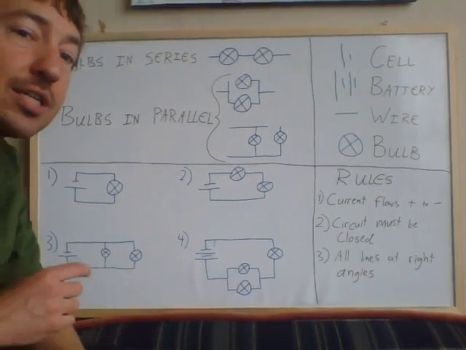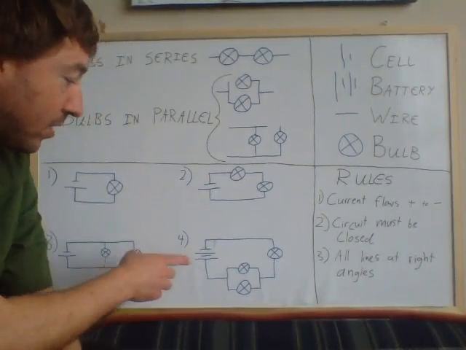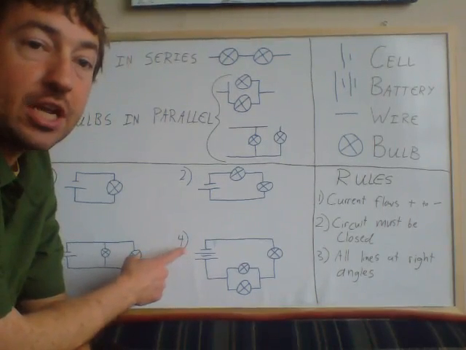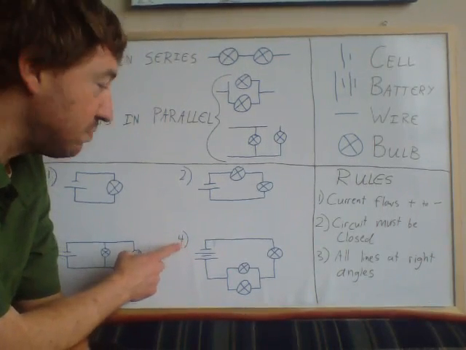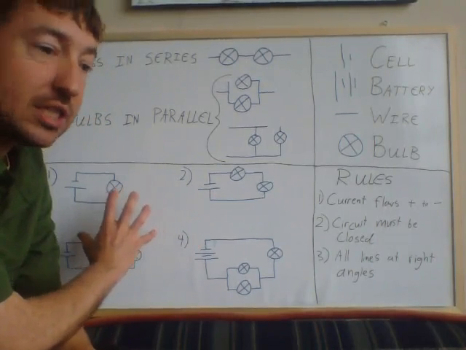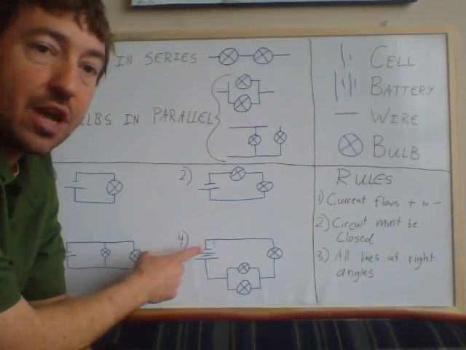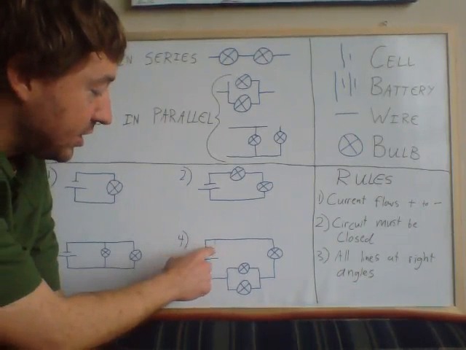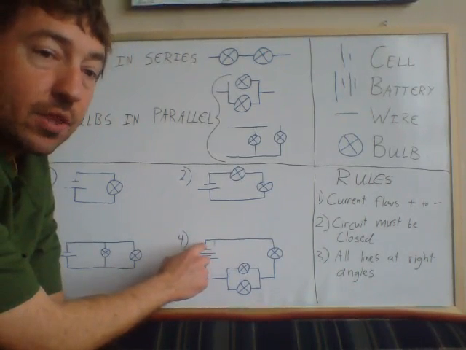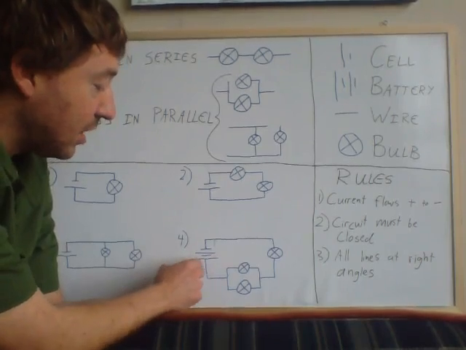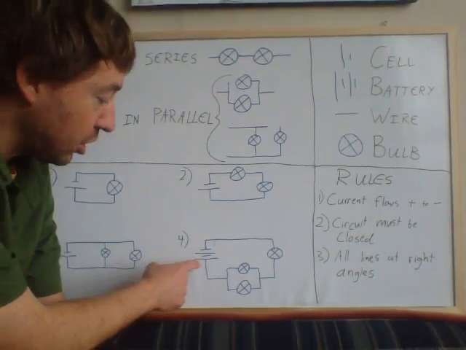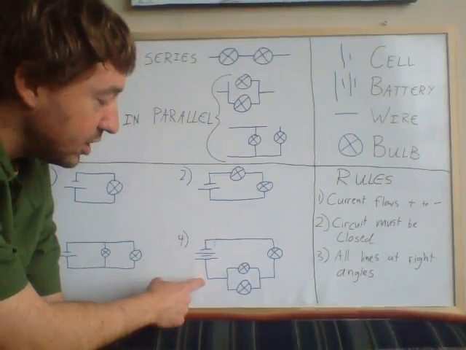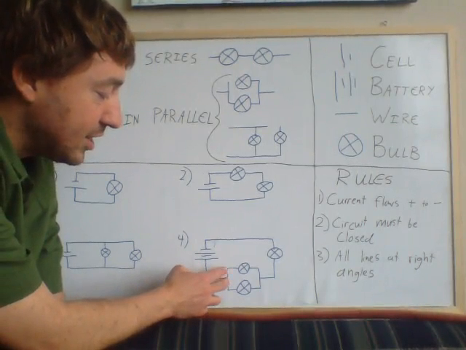So this last one gets a little bit more complicated. I've changed the power source. Instead of it just being 1 cell, like the other 3 examples, I've got 2 cells here, so I've got a battery. But it's still shown as the small line is negative, and the big line is positive. So current is going to flow. It's going to split.